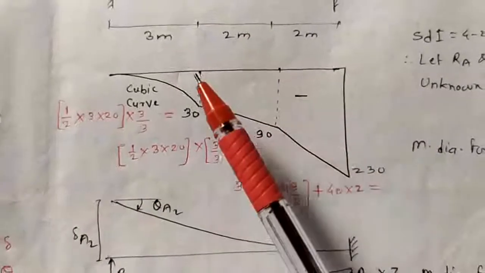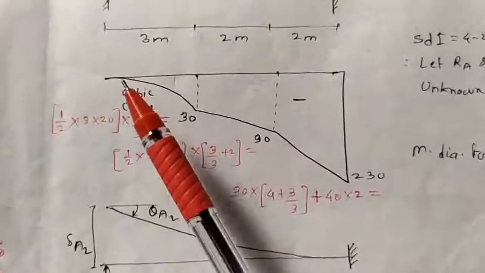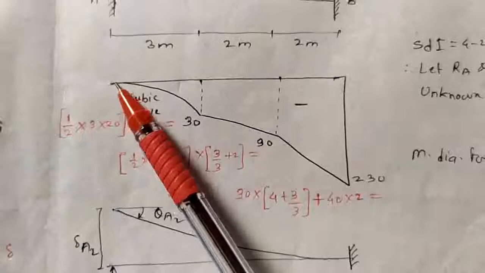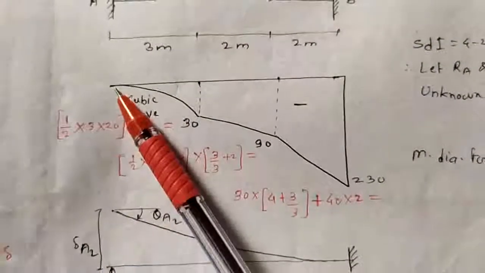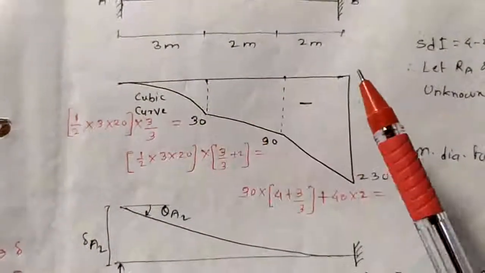Next, we'll measure the areas of these three diagrams. Next, we'll multiply by the centroid distance from point A, because we have taken the unknown at A. That's why from point A we'll measure the centroid distance of these three diagrams.